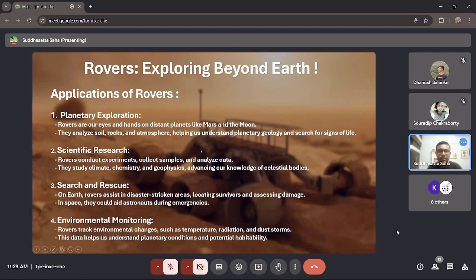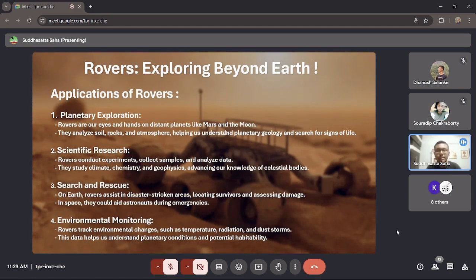Yes, definitely. So then after this, another application which is specifically important for any sort of exploration mission is conducting scientific investigations, or you can say scientific research. Basically, when you go to another planet, you need to analyze the soil samples, the weather conditions, and also the type of rocks which are there, whether you can analyze the elemental composition and derive something from that.